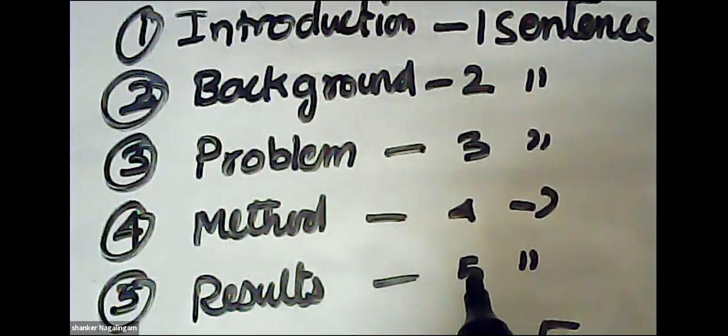Sometimes I can make it 3 sentences for explaining the problem, or methodology needs 3 sentences. So you are being given an option of up to 4 more sentences to give a very exact, precise explanation about your work. This is how the descriptive abstract will be.